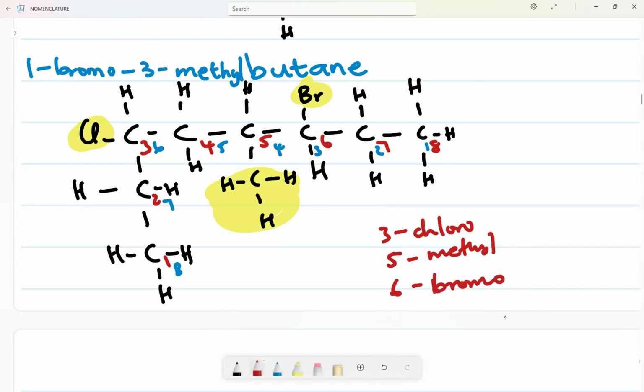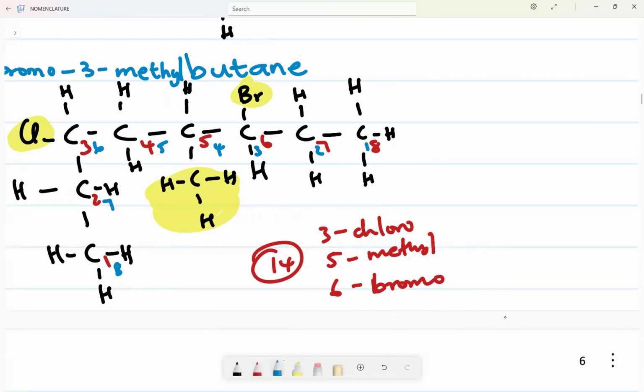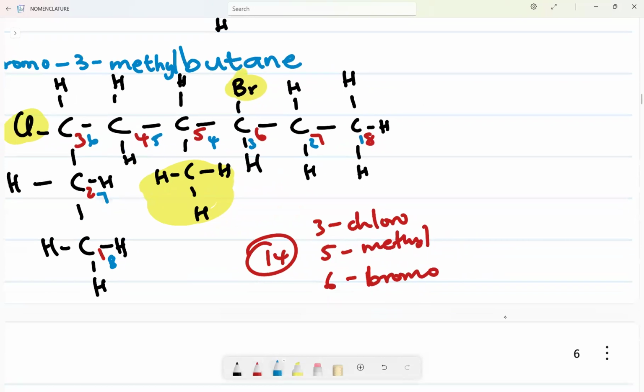Now, the total in here is 8 plus this, it is 14. Now let's do the numbering when I use the blue one. It's going to be 1, 2, 3. On carbon number 3, I have a bromo.